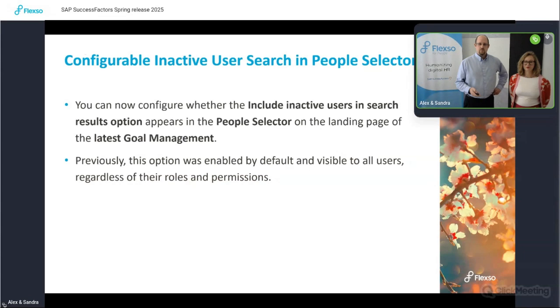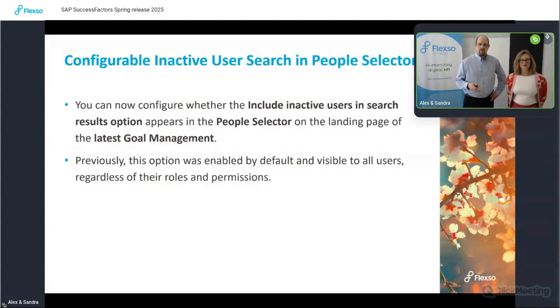Besides that, there's now also the option to configure the inactive user search in the people selector. When you're on the goal plan page, you have on the left-hand side the different users or roles that you have access to or can check, like your manager, yourself, and if you have more permissions, then it made sense that you could also search for, let's say, inactive users, as HR or as a manager.